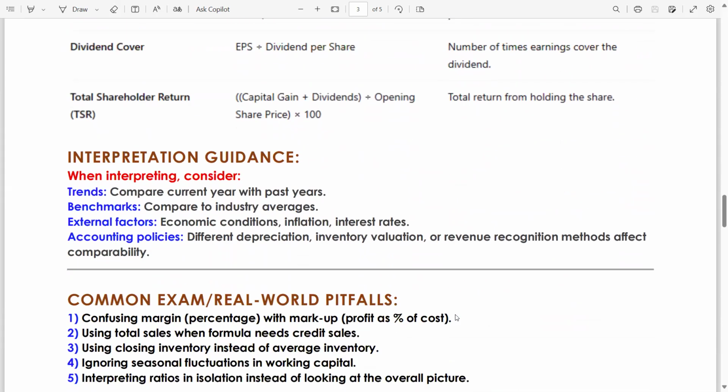Now, interpretation guidance. How to interpret these ratios once you calculate them. When interpreting, consider trends, benchmarks, external factors, accounting policies. Trends: you have to compare the current year with the past year and comment on the trend. After that, benchmark: compare to industry average.